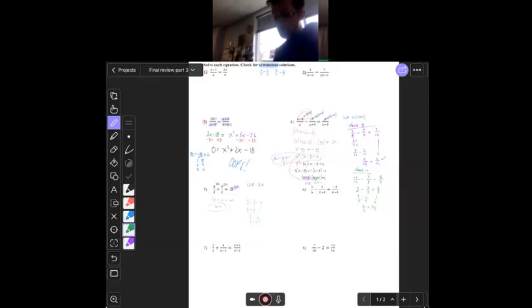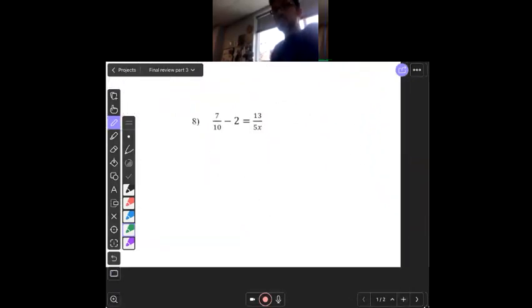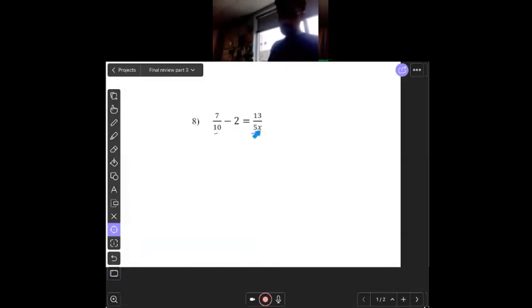Okay, because I'm going to pick one to do. So when you're looking at a problem like 8, so that LCD idea, we've got to think a little bit harder on this problem because there is a connection between the denominators. 10 and 5 have commonness, right? So there is something I can multiply 5 by to get 10.